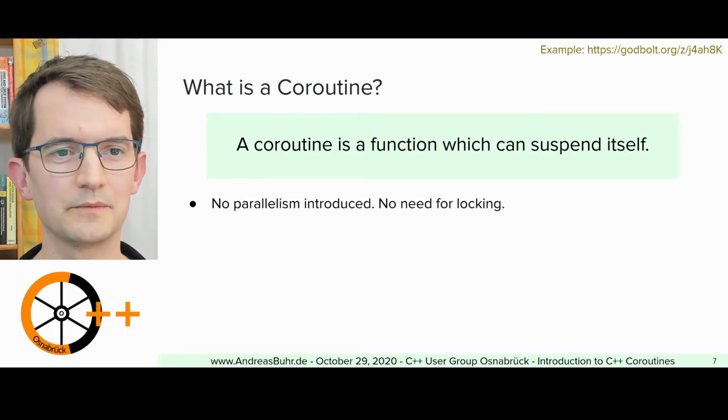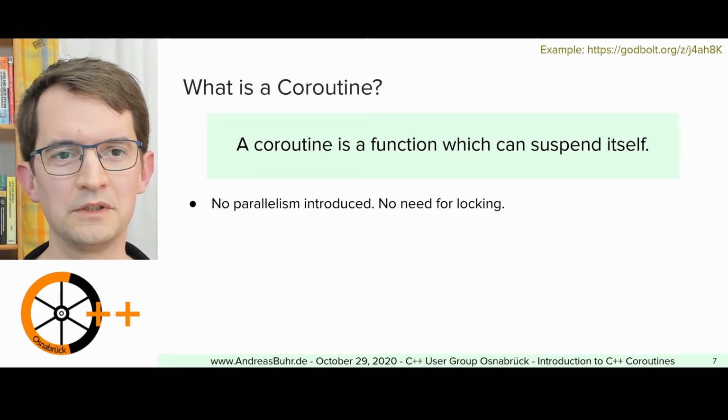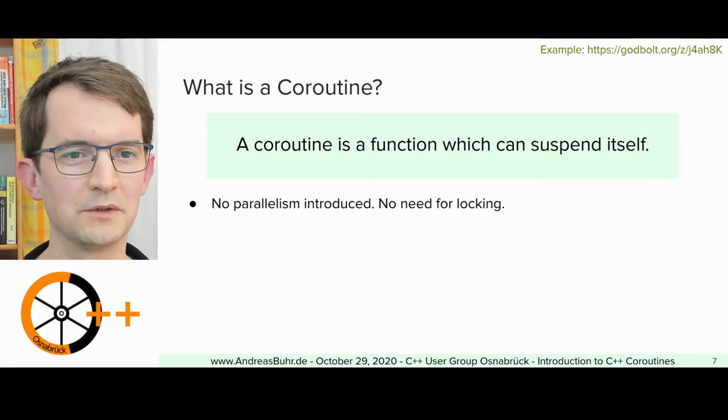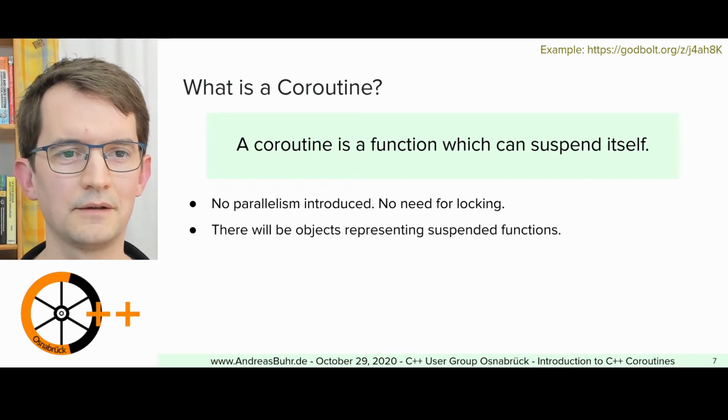First, a coroutine does not introduce parallelism. I think that's important to understand. There's no need for locking just because you use a coroutine, just like there is no locking just because you call a function. Then there will be objects representing suspended functions around.